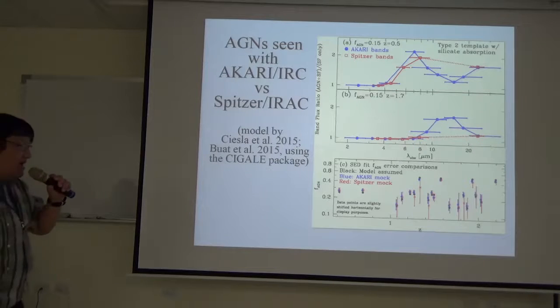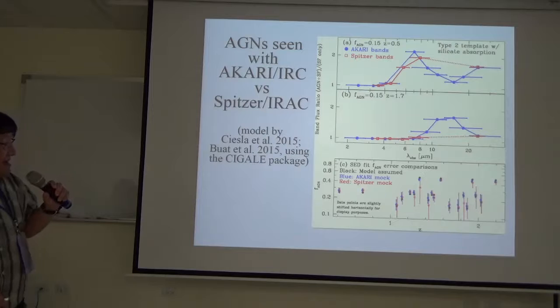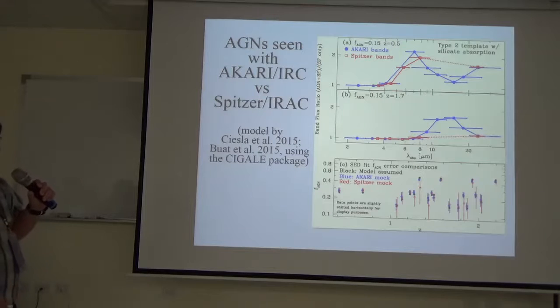I had Veronique calculate how the fitting would turn out for certain AGNs as a function of redshift with some AGN component. This is a kind of error bar.